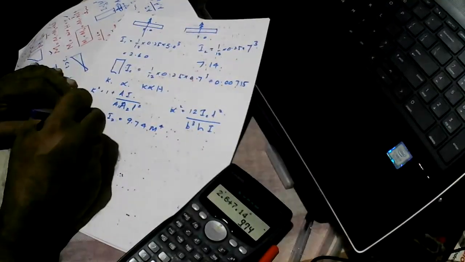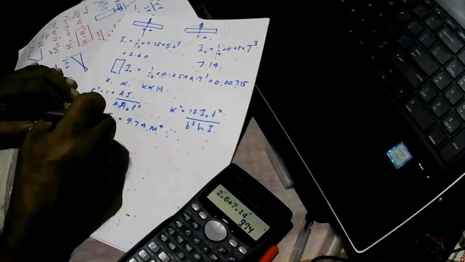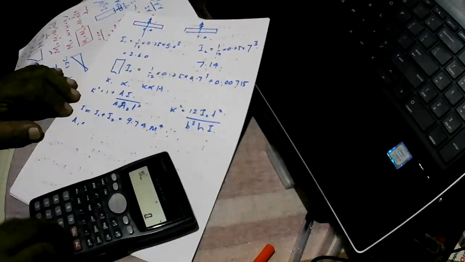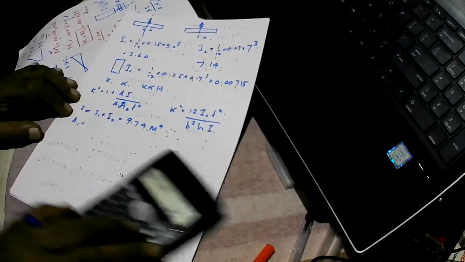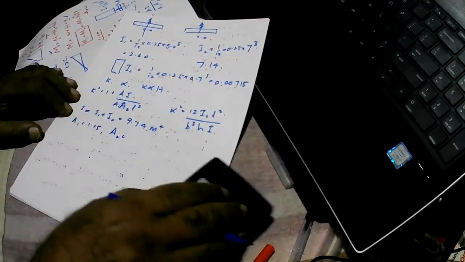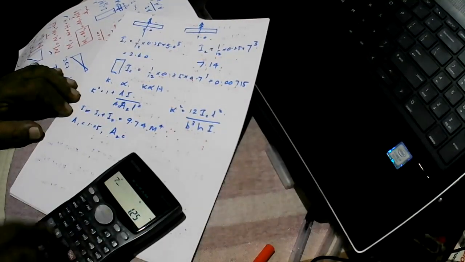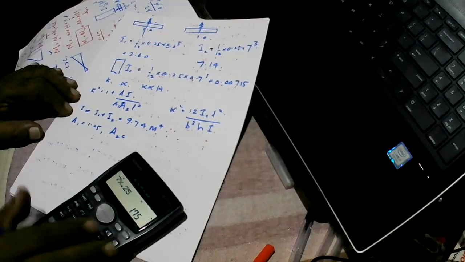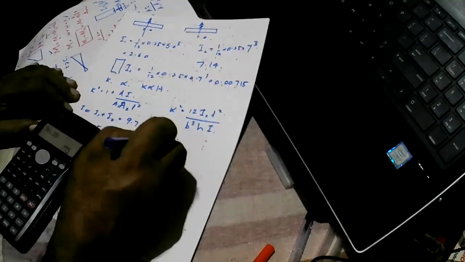Area A1 is 5 into 0.25, 1.25, and A2 is 7 into 0.25, 1.75.